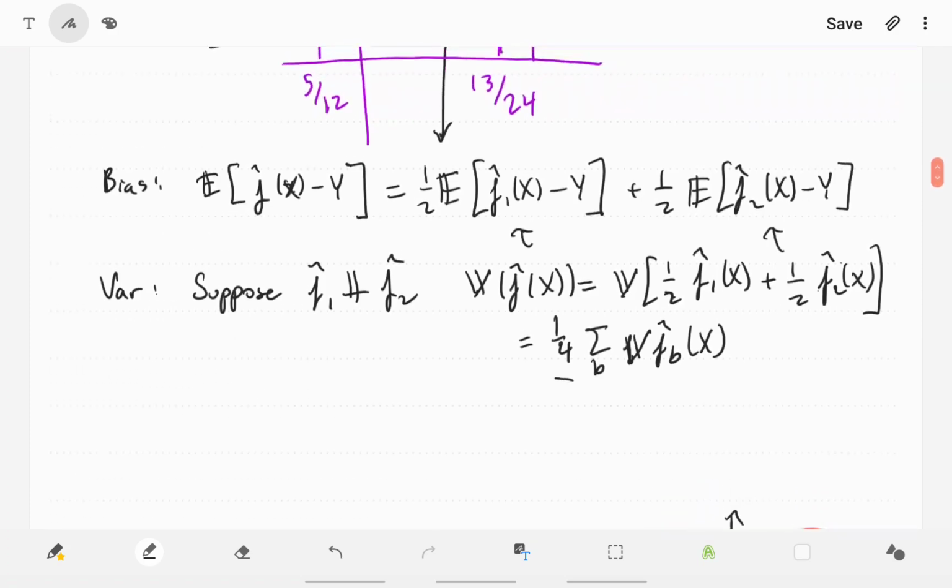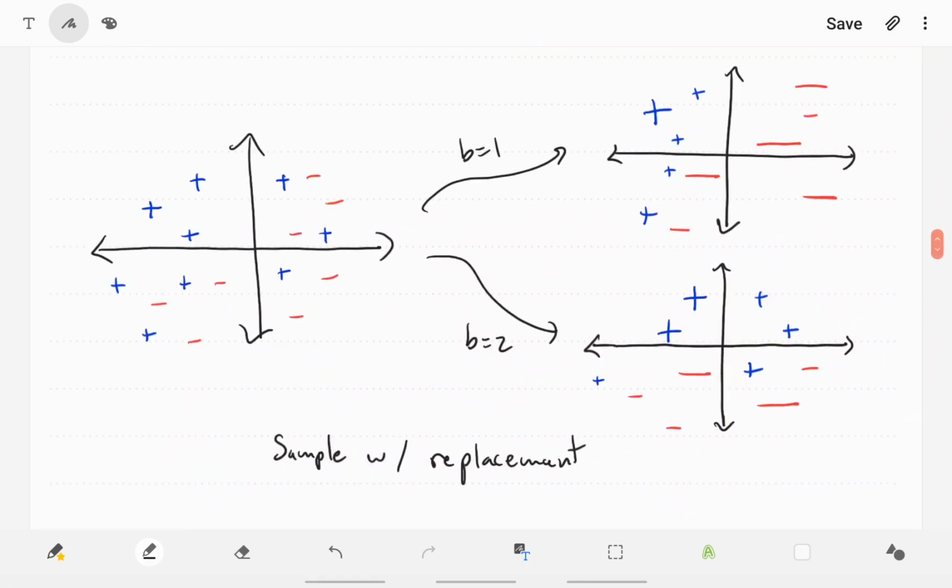Okay, so the big question in your mind should be, how do we get multiple decision trees? To do that, we're going to use bagging. The basic idea behind bagging is you're going to take your data set and sample it with replacement.